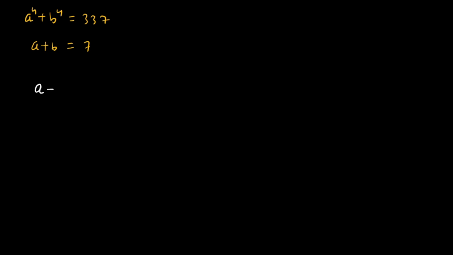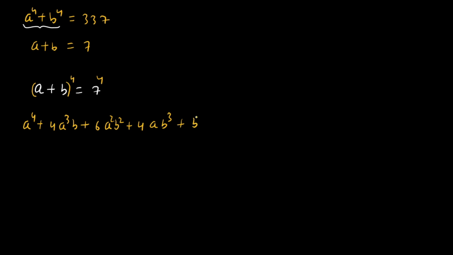Here a plus b equals 7, and look carefully, we also have a power 4 plus b power 4. So if we take power 4 on both sides, on the left hand side we apply (a plus b) whole power 4, that is a power 4 plus 4 times a power 3 b plus 6 times a square b square plus 4 times a b power 3 plus b power 4, and this equals 7 power 4, that is 2401.